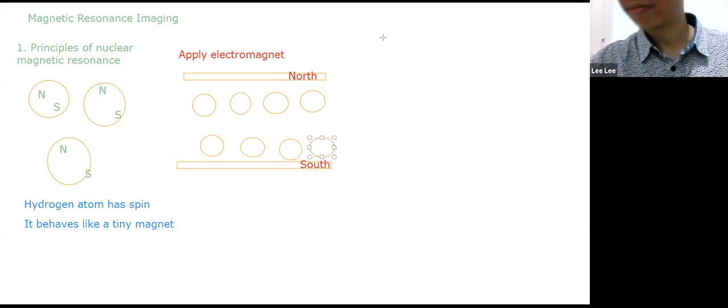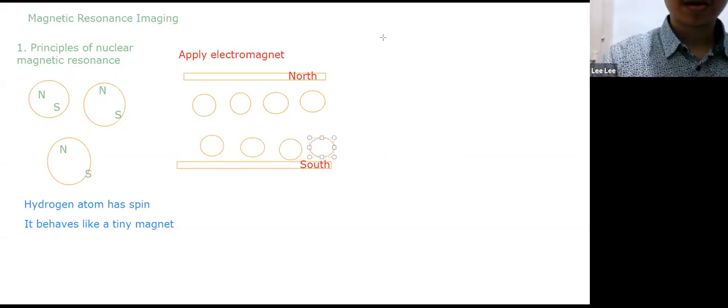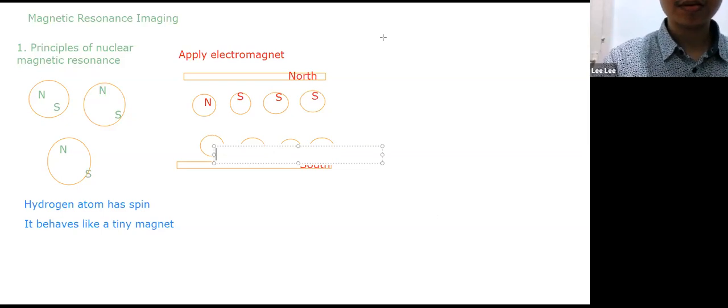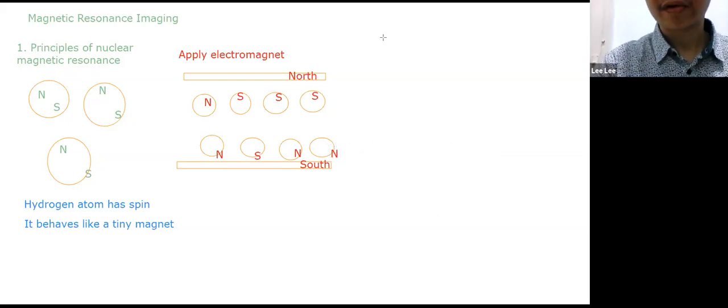Most of them will be aligned, having a south facing the north. But few of them will go against that. So most of them will follow the electromagnetic field that you apply, but few of them will go against that.